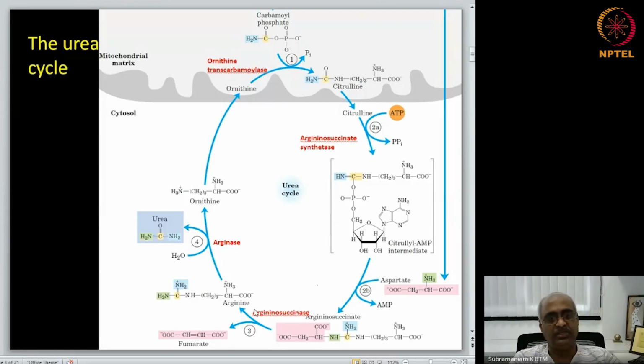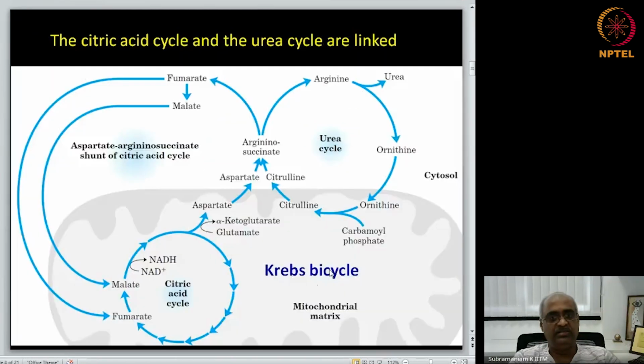So in one round of the cycle, you get rid of 2 ammonia groups in the form of urea. This is the urea cycle, and via the aspartate arginosuccinate shunt it links with the citric acid cycle. Since Hans Krebs discovered both these cycles and the connection, it is often called the Krebs bicycle.